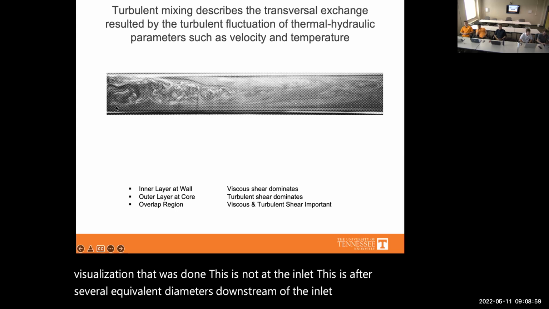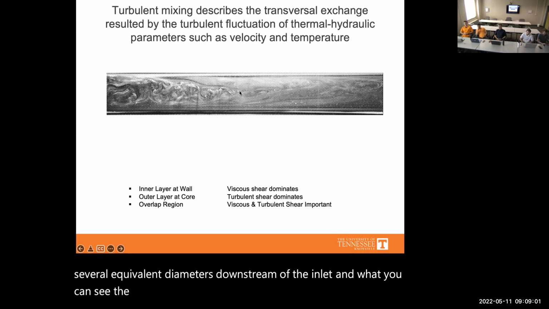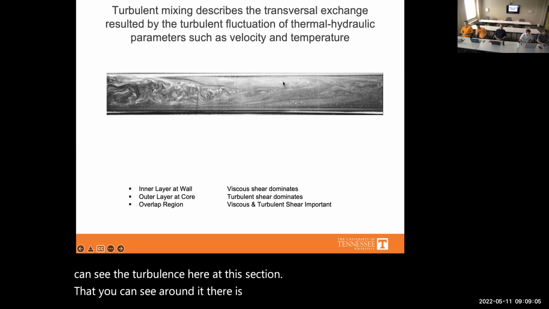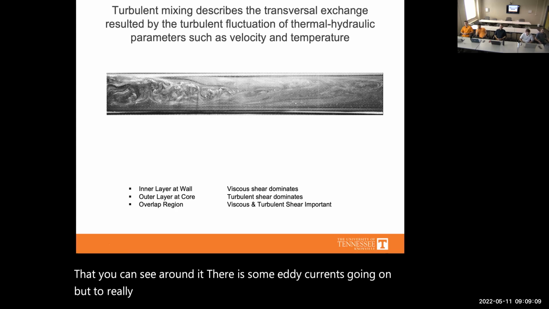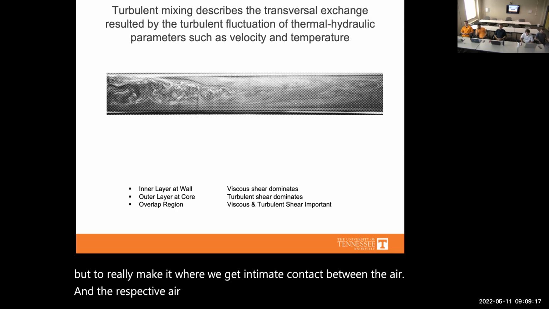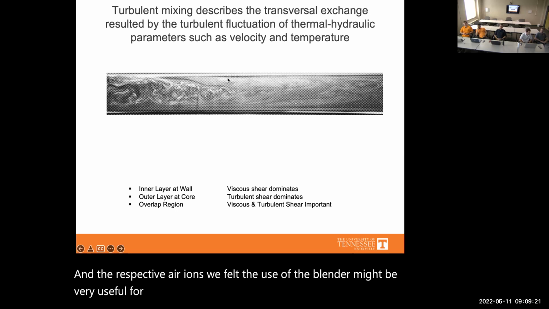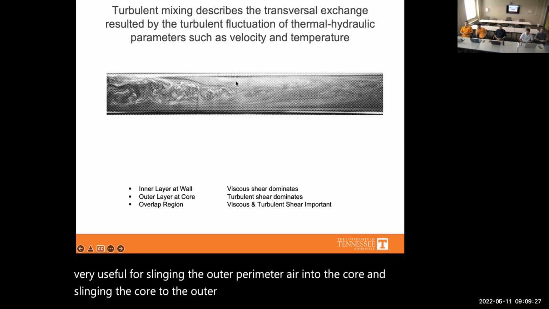What you can see is the turbulence at this section, but around it there are some eddy currents going on. But to really get intimate contact between the air and the respective air ions, we felt that the use of a blender might be very useful for slinging the outer perimeter air into the core and slinging the core to the outer air to get a good mixing effect.